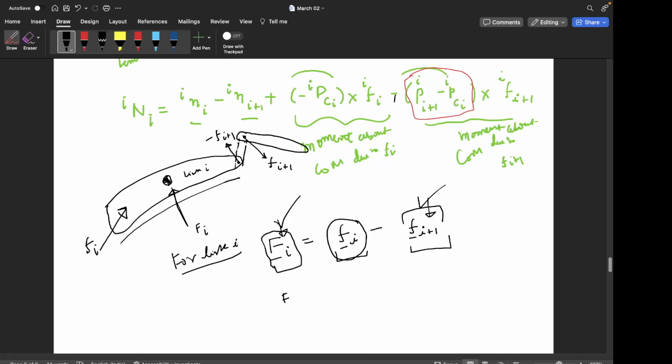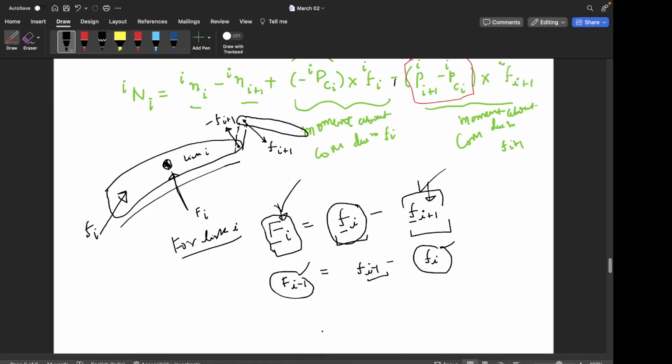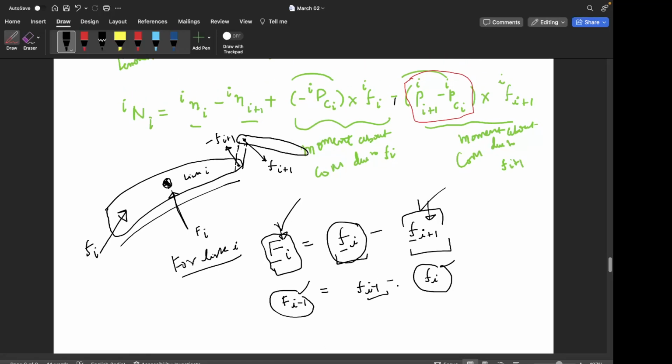So the next equation you will write is Fi minus 1 is equal to fi minus 1 plus Fi, right? In which again you will know this, you just calculate this, right? And this will be known. And similarly you will go till the last link, from the outermost link to the innermost link.